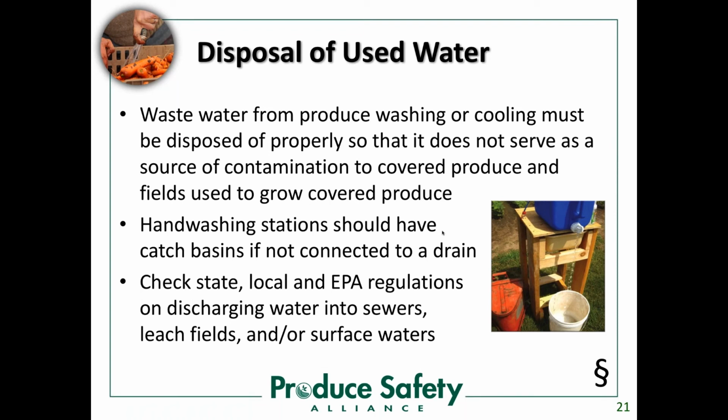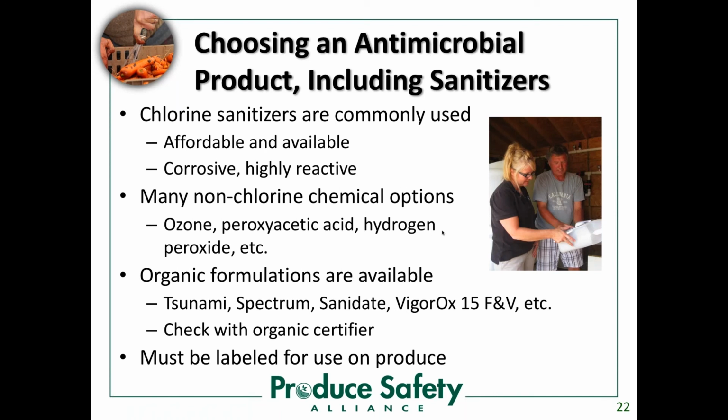Probably, unless you're using a great volume, it would just show up on your bill and there wouldn't be a problem with that. But check first. It's always best to find out the legality and the limits before getting into a situation where you have to make a repair or a compensation for a violation.